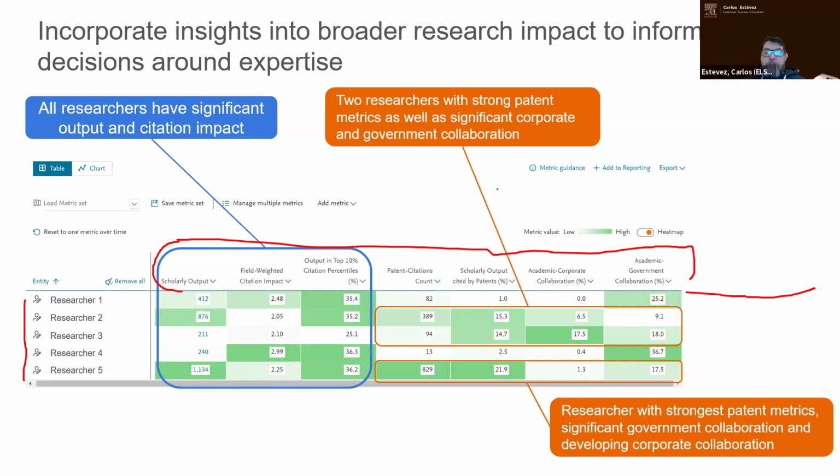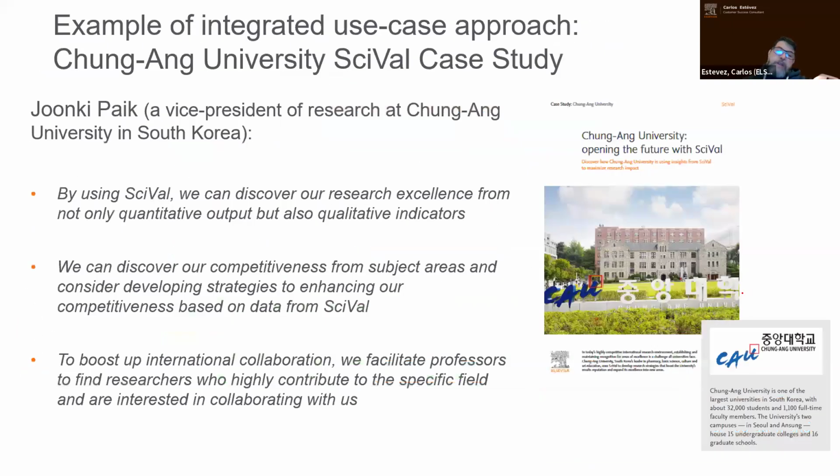And also start looking at researchers, for example, with strong patent metrics, could be a better team for innovation, or with stronger citations in policies, and start understanding better the roles of our people at the institution on the different kinds of impacts or roles that they could achieve.